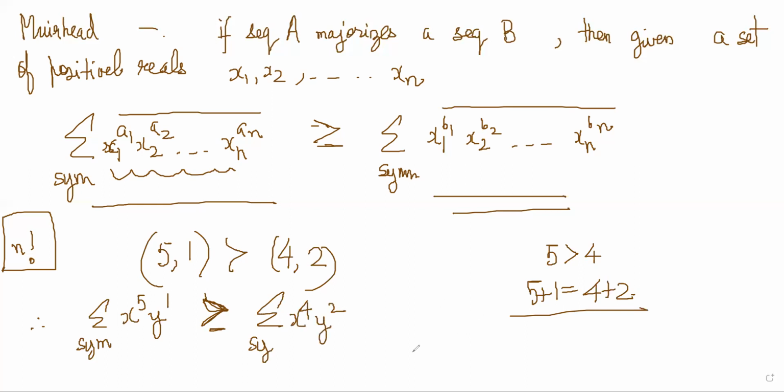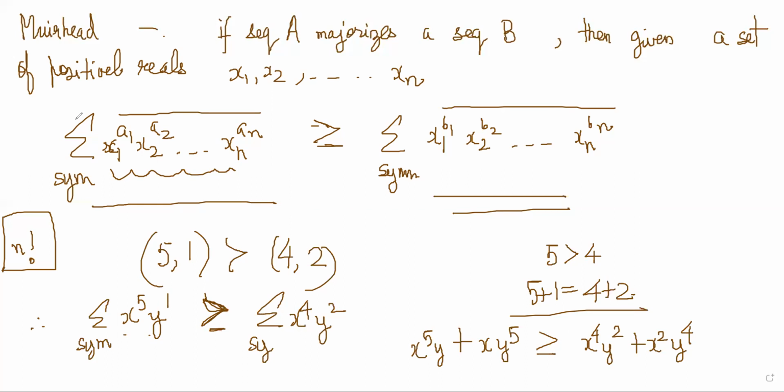So that just means that x power 5 y plus x y power 5 is greater than or equal to x power 4 y square plus x square y power 4. Because there are only two variables here, x and y, the symmetric sum has only two terms. Okay. So let's take another example.